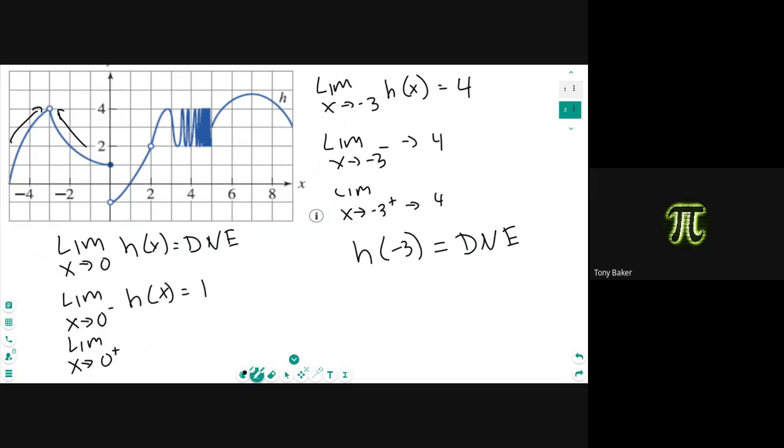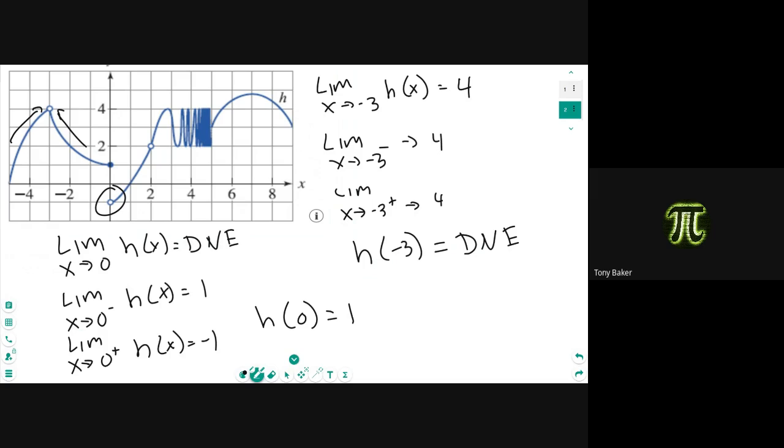And that's -1. Also notice that's an open point, right? So it's the same concept there. It's going to that point, but it doesn't actually equal that point. What does h of 0 equal? It equals 1.